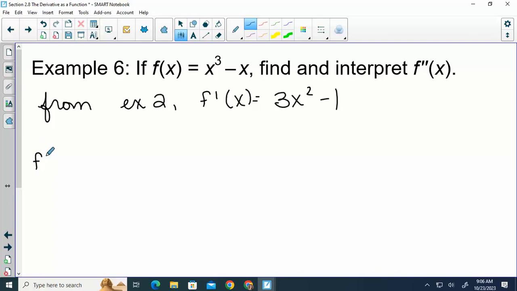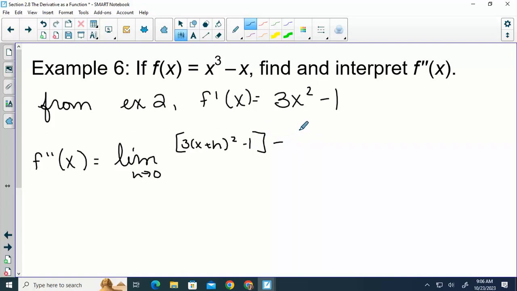So when I want the second derivative, I'm going to do the limit as h approaches 0. f of x plus h, but we're putting it into the derivative this time. So that would be 3 times x plus h squared minus 1 minus f of x, so that's the derivative in this case. So we are repeating with the answer that we got the first time.